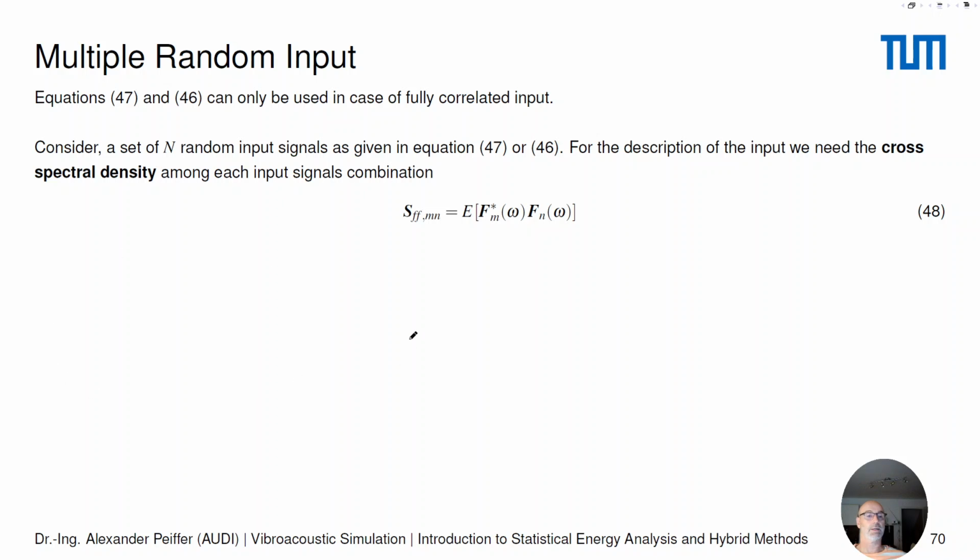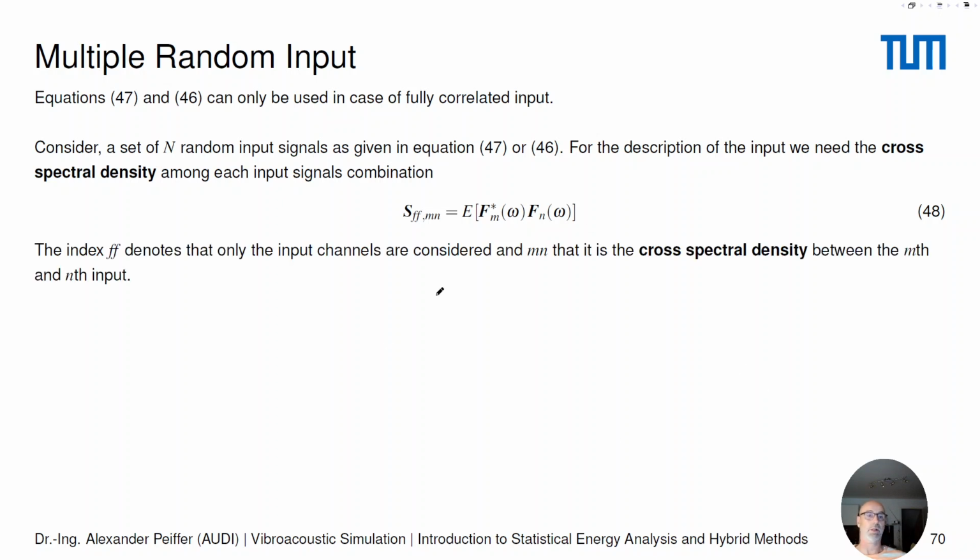This is maybe a little confusing, but just imagine that now M is not the index of the output, it's just another version of N. It means we have to correlate any input force to the other input forces or excitations.